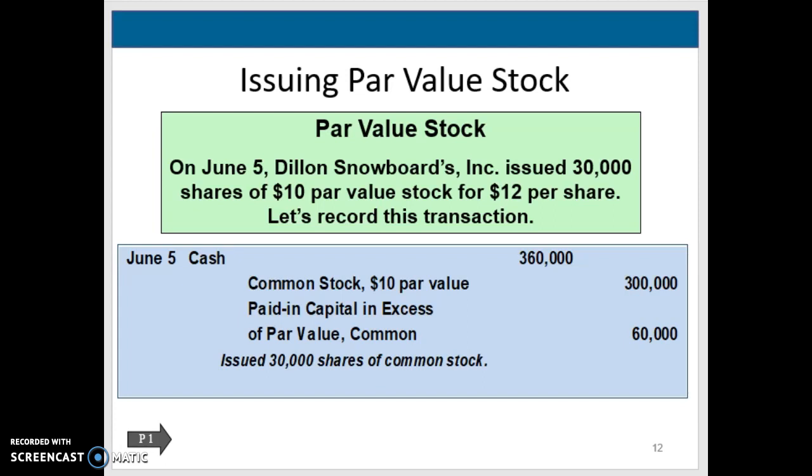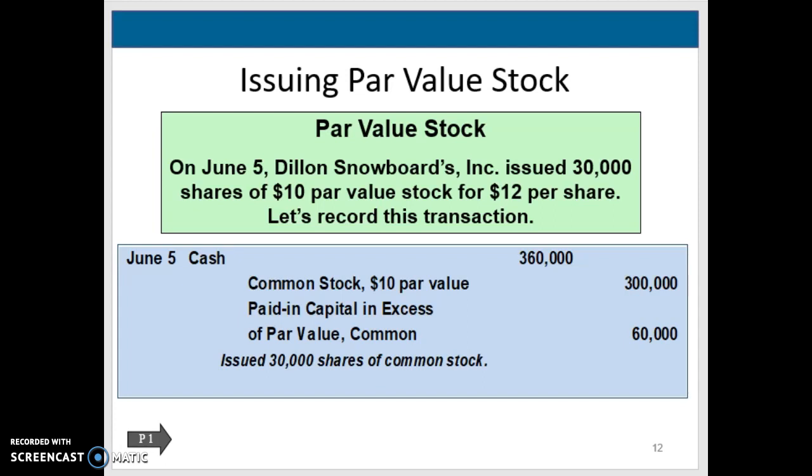Only the par value goes in common stock. So $10 times the 30,000 shares issued gives us $300,000. Next, we have paid in capital in excess of par value. That is going to be that $2 difference. So $2 times the 30,000 shares gives us $60,000. That's our entry to issue it above par value.